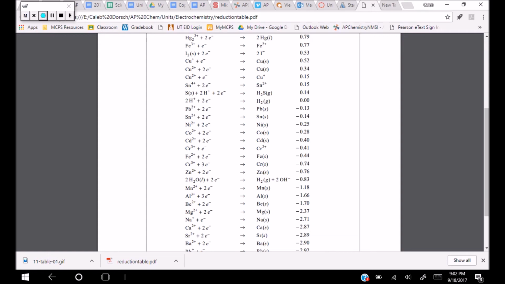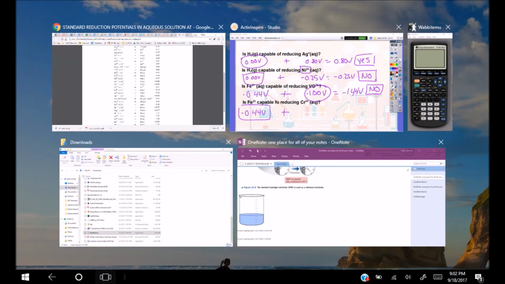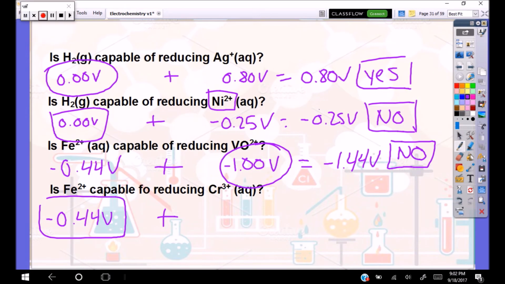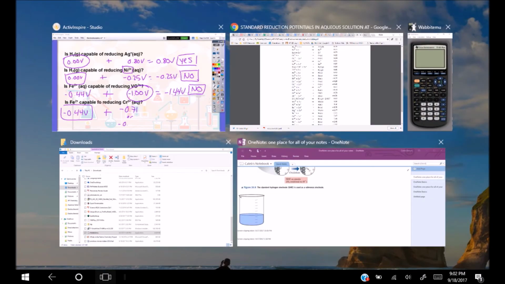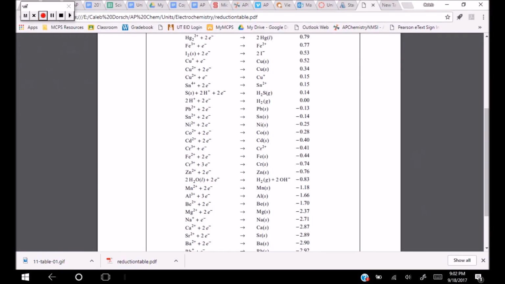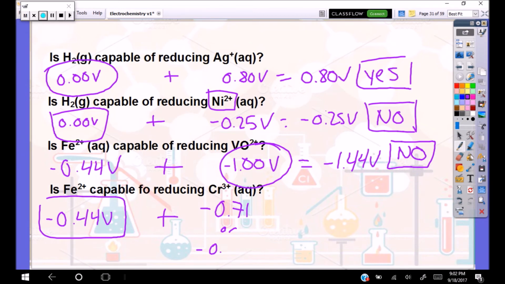It doesn't specify. What was the other one? Sorry. 0.74 or 0.41. Okay.